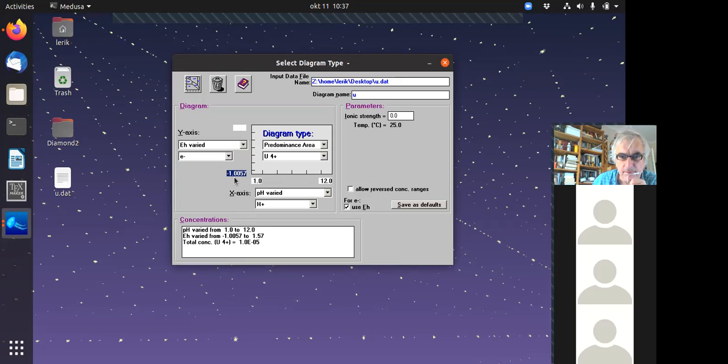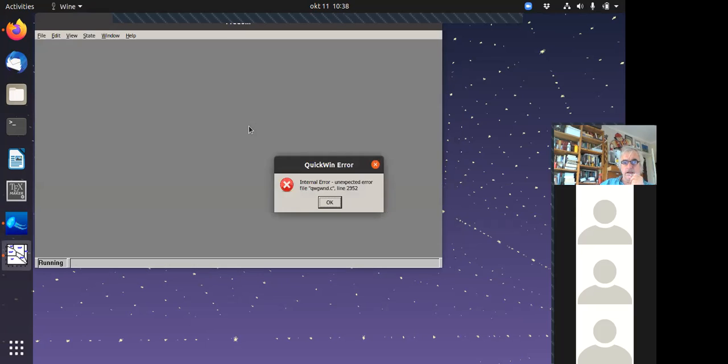So then we may make it from -2 or something like that. Then we see pH varied from 1 to 12 and E from -2 to +1.5. Total concentration of uranium is 10 to the -5. This could be changed, and then the diagram would change slightly. But how does this diagram look?